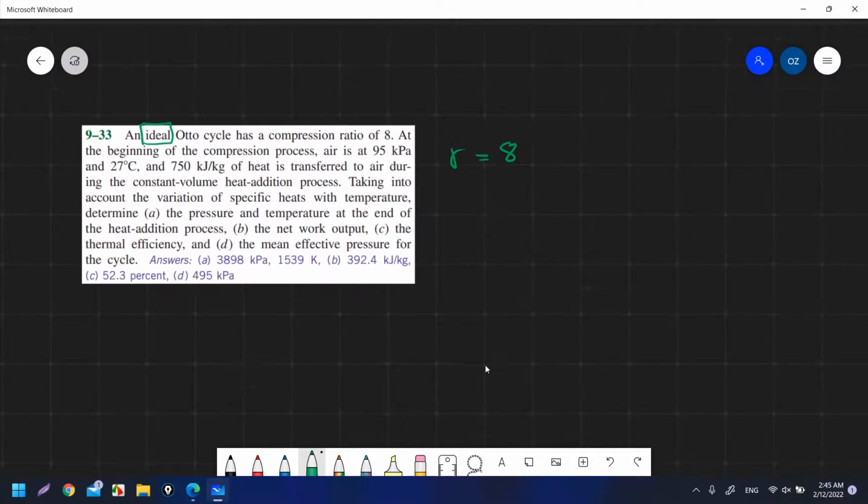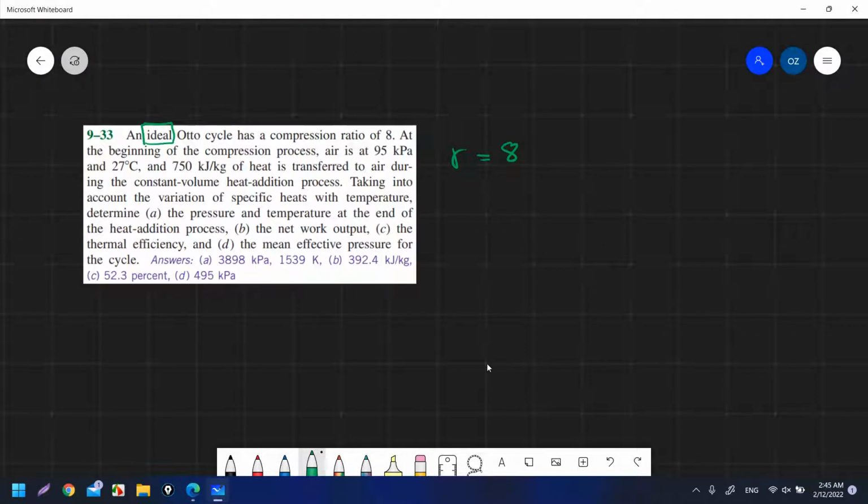At state 1, we have air, and this air is at P1 equal to 95 kilopascals and T1 equal to 27 degrees Celsius, which is equal to 300 Kelvin.